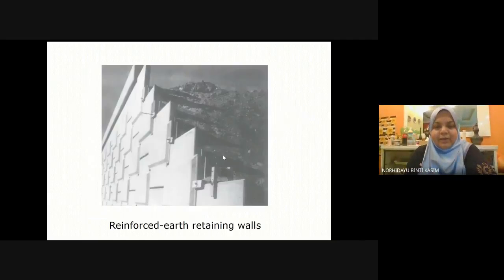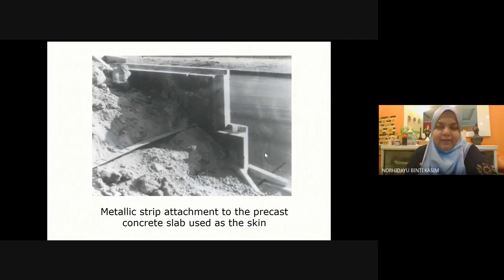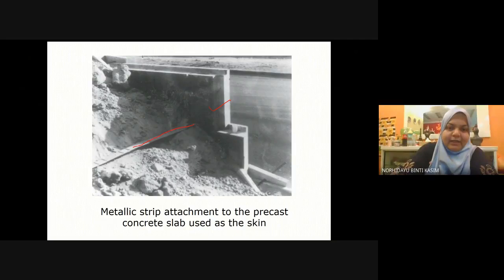The same goes for this figure, which is clearer. This is the precast concrete slab, this is the metal strip, and this is the granular material.